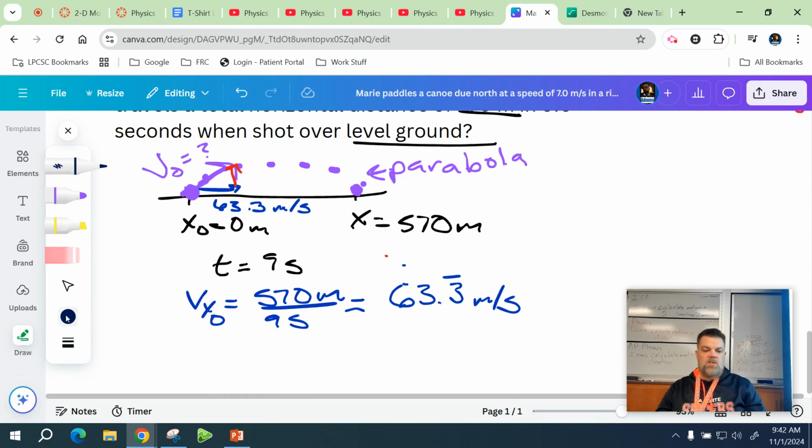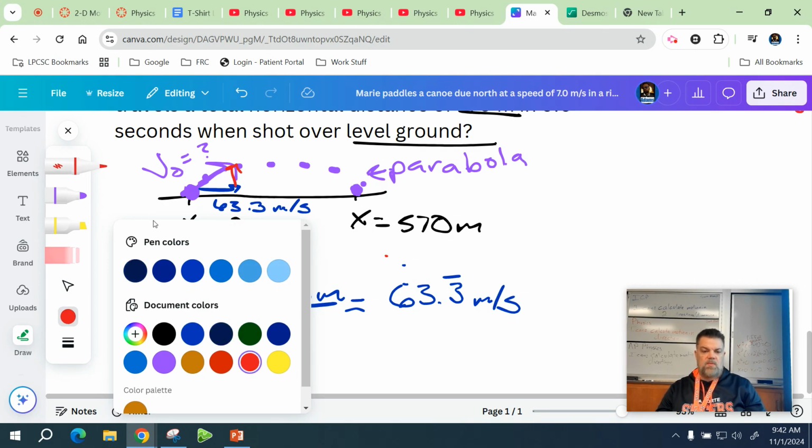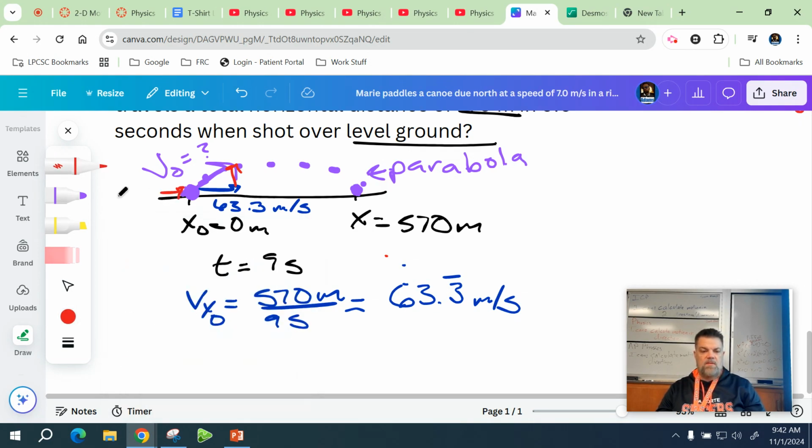All right, so let's do the work for the y. What is the initial height for y? 0 meters. What is the final position for y? 0 meters. So if I come down here, there's an equation: y equals y naught plus the initial velocity in the y direction times the time.